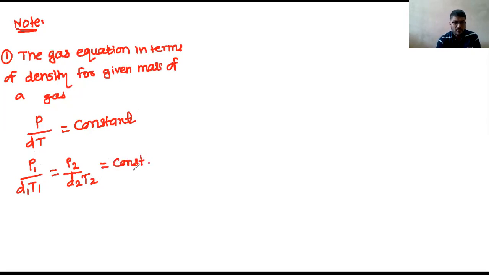Clear? And therefore you can write P1 V1 by T1 is equal to P2 V2 by T2, which is always constant.